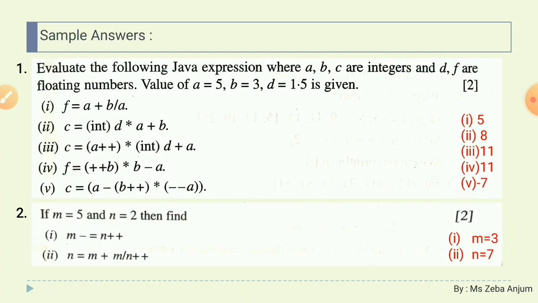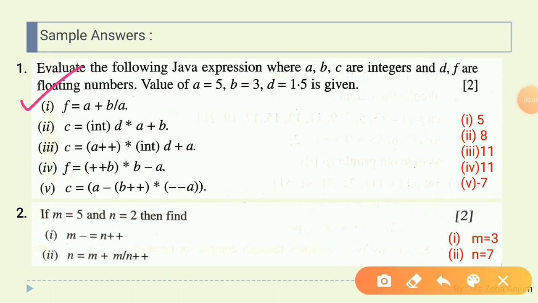So I have given you these sample answers. Now see the first question, that is f equals a plus b divided by a. Now put in the values. We have the values of a, b as well as d.